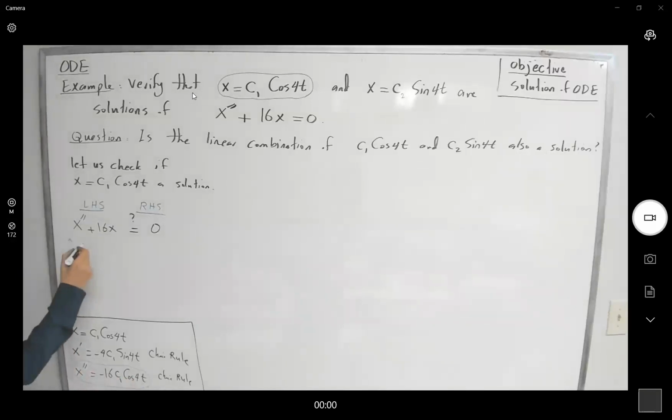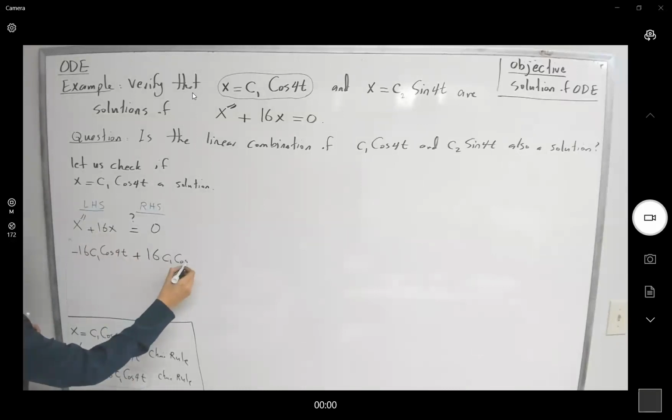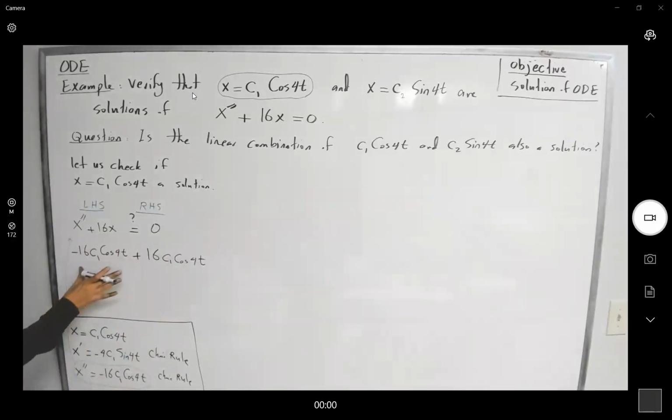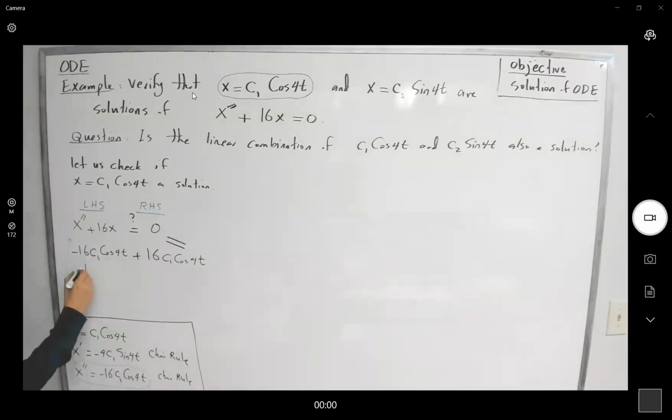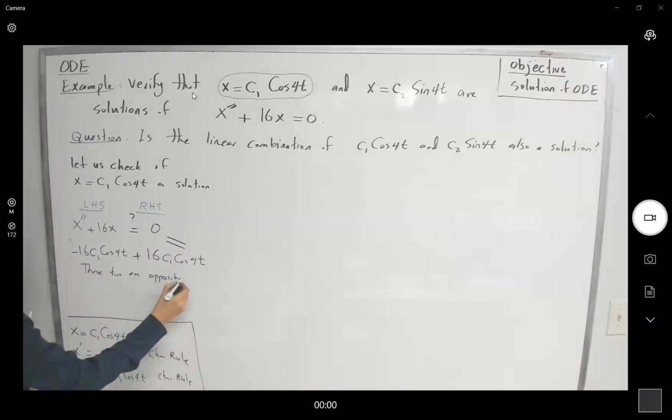We get negative 16 c1 cosine 4t plus 16 times x. But what is x? x is c1 cosine 4t. So they are obviously opposite of each other, and the sum is nothing but 0.